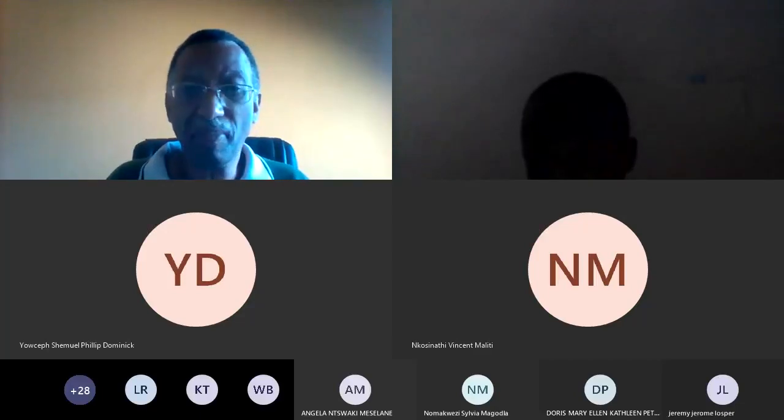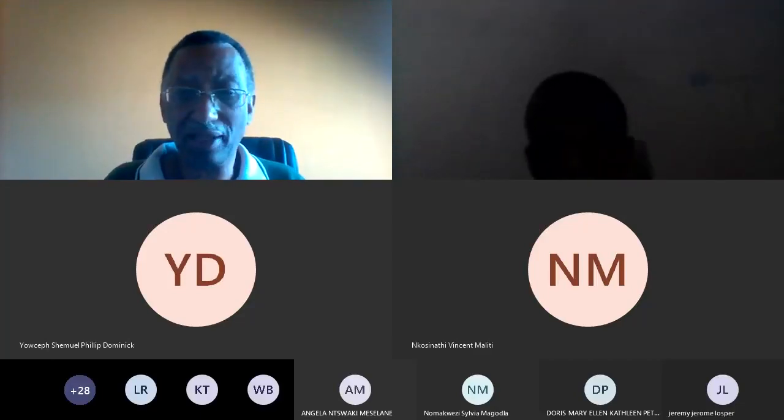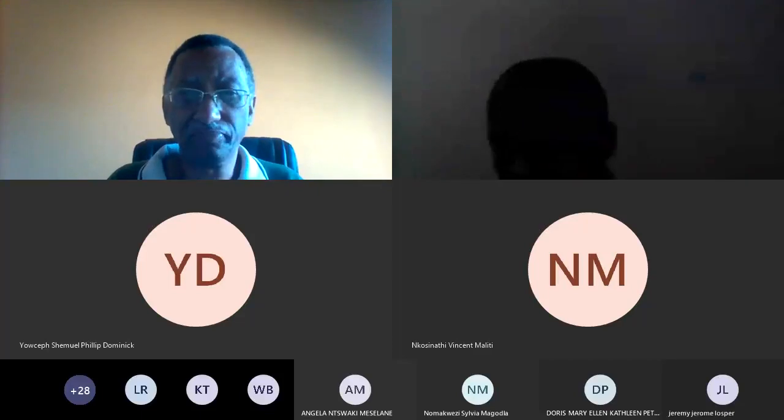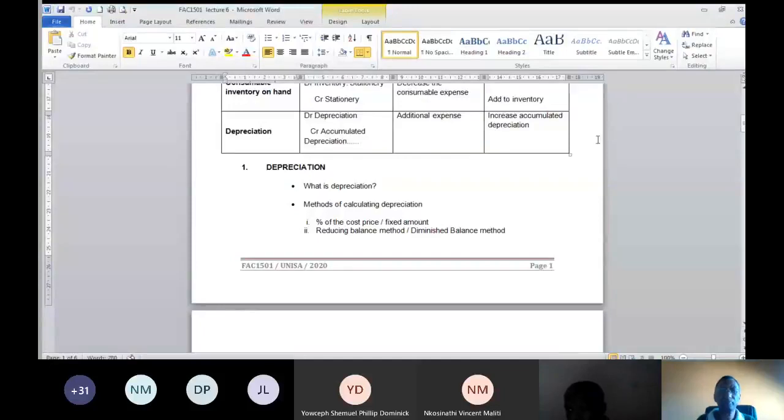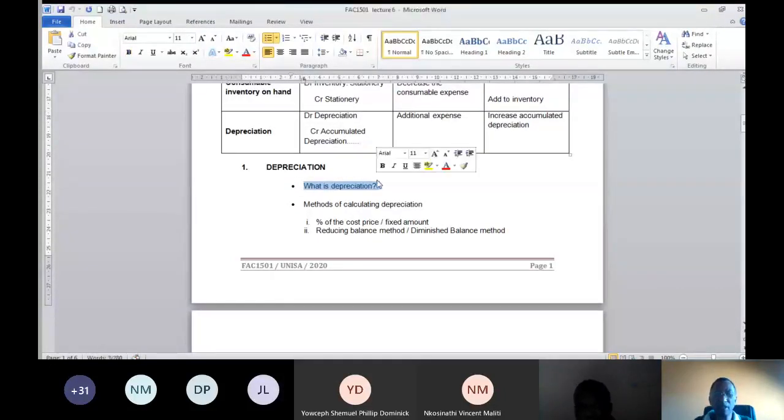So guys, let me take you back now to our notes at the bottom of page 2 when we speak about depreciation. Remember depreciation? Depreciation is the amount in which our asset will decrease over a period of time due to wear and tear.